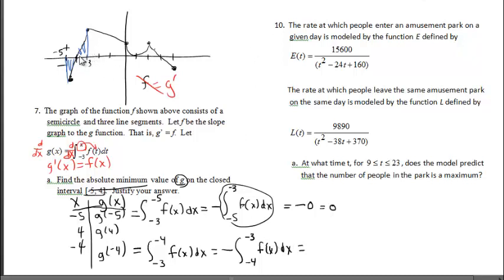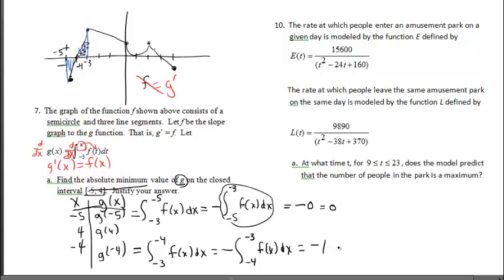All right, so what's the value of the integral from -4 to -3? And so we're talking about this space right here. Okay, and so its area equals 1/2 base times height. So the base is 1, the height is 2, so that would be 1. So the value of the integral is 1. However, we're going to find the opposite, so that answer is -1.